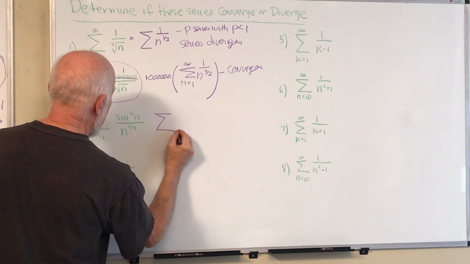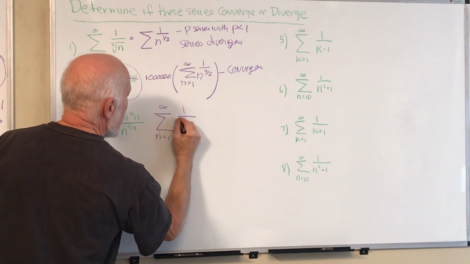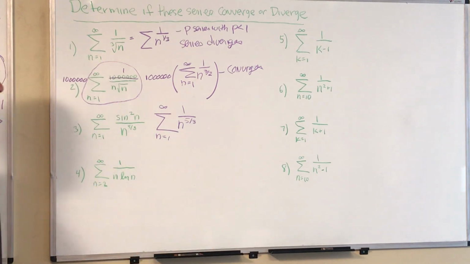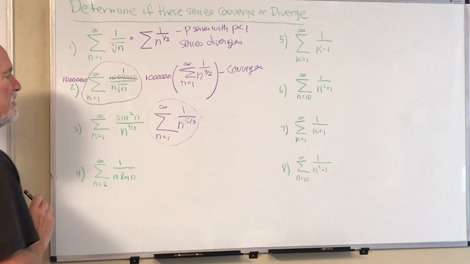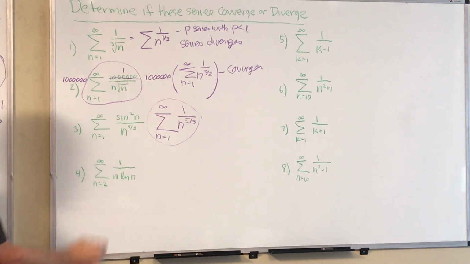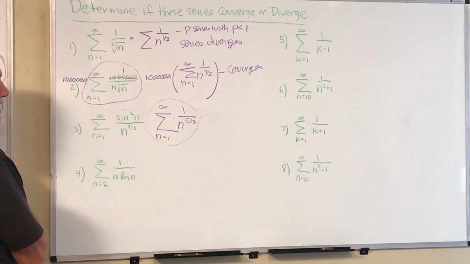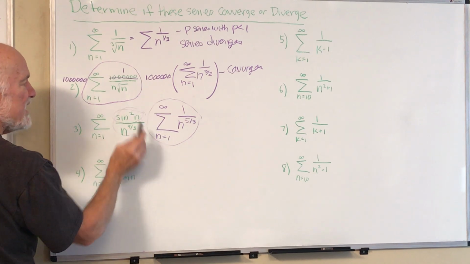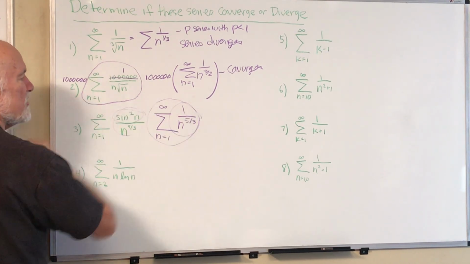We're going to compare this to 1 over n to the 5/3. We know this is a p-series with p greater than 1, so this one converges. And since we know the sine function never gets bigger than 1, we know that these terms right here are term by term less than these terms.